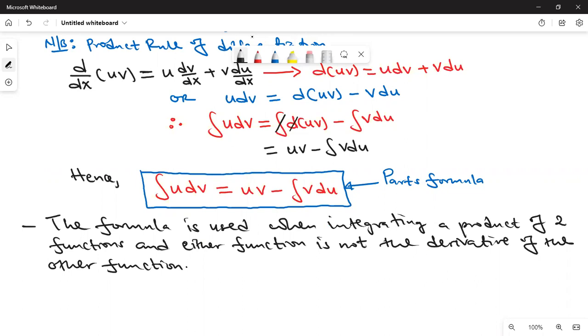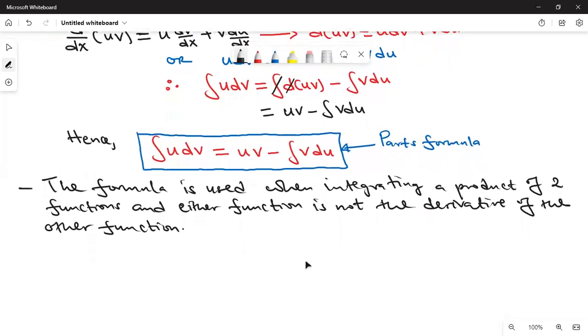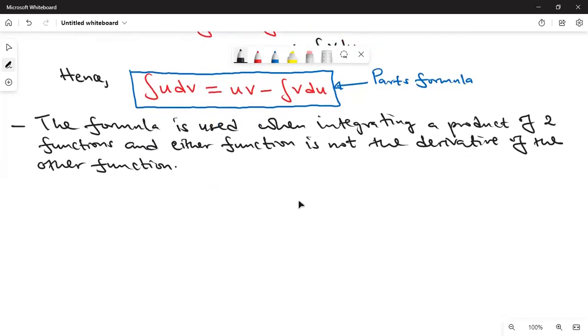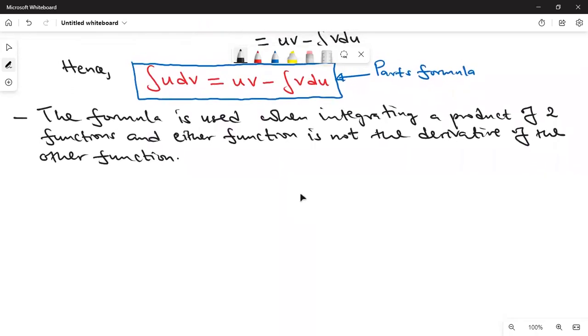We have to decide which function to take as u and which other function to link to dv.